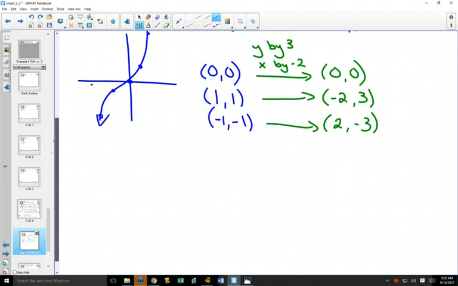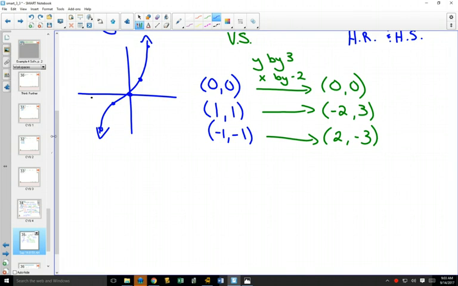And usually I suggest drawing your new graph on a new set of axes. So for our green graph, we're going to have 0, 0, -2, 3, and 2, -3.